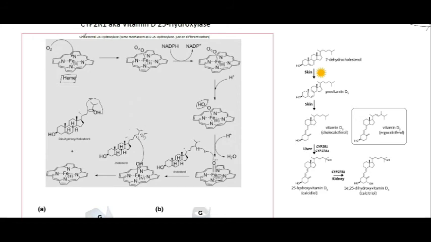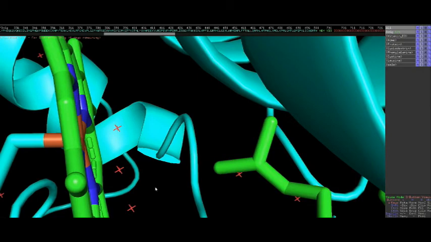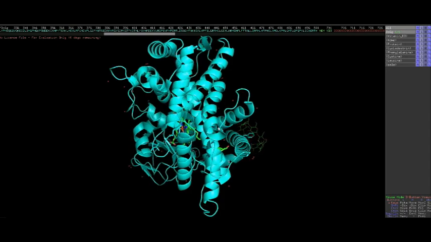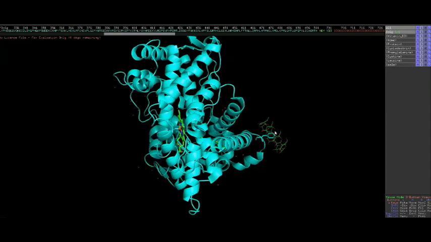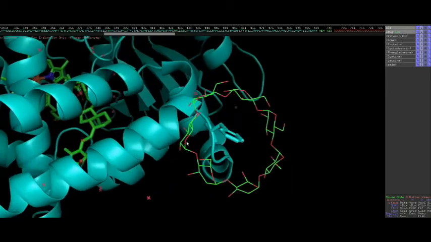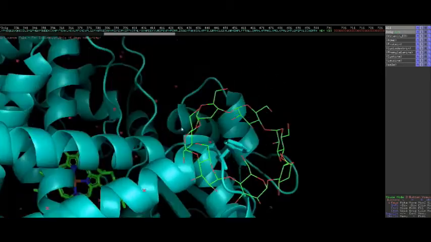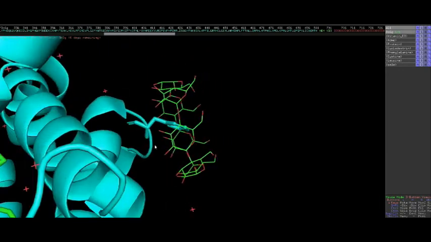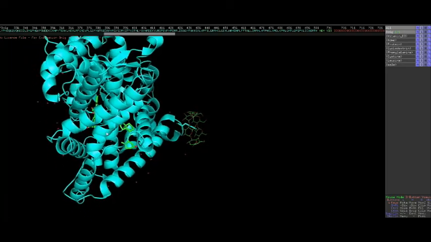So this, as I point out here, is cholesterol 24 hydroxylase, but it's the exact same mechanism as cholesterol 25 hydroxylase, which would add the hydroxyl to that carbon there. And this structure here is the structure for the 25 cholesterol hydroxylase. There's this interesting ring structure here, which is likely something that the people who made this structure needed to add to their solution in order for this to crystallize.